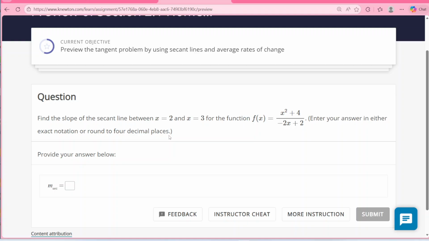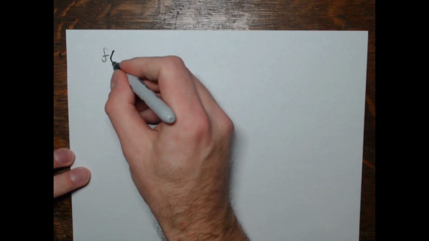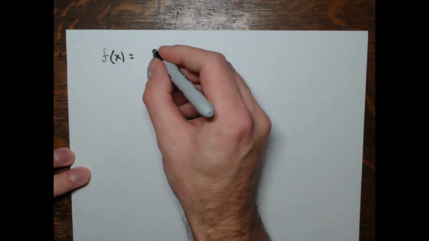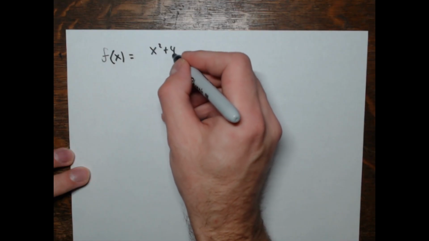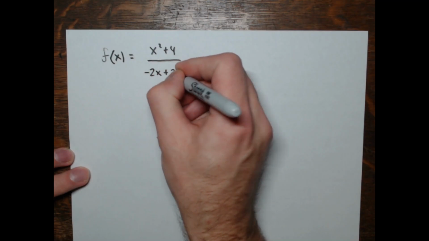So write out the function. Here's f of x equals x squared plus 4 divided by negative 2x plus 2.